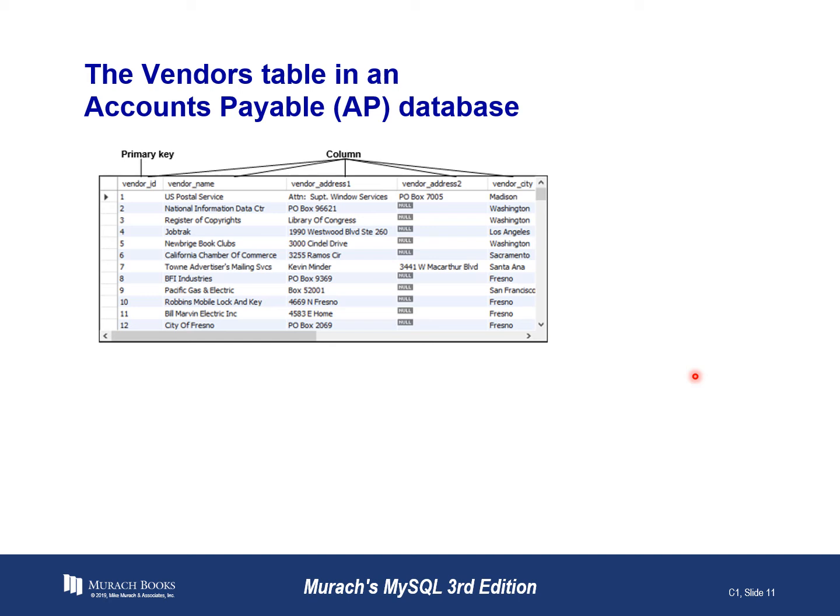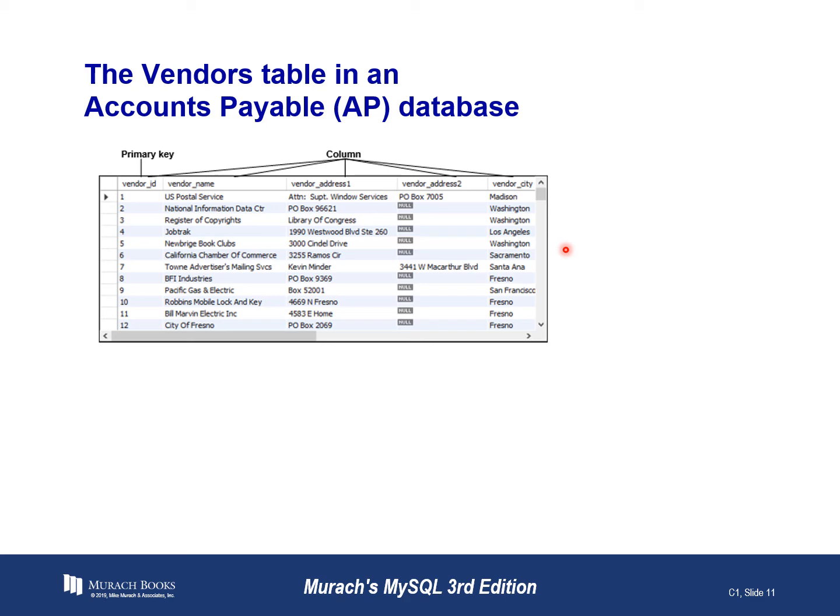A column represents some attribute of the entity, such as the amount of an invoice or a vendor's address. In this example, you can see this is a vendors table, so we are storing the vendor's name, the vendor's address, etc. These are the attributes, and they are stored as columns of a table.